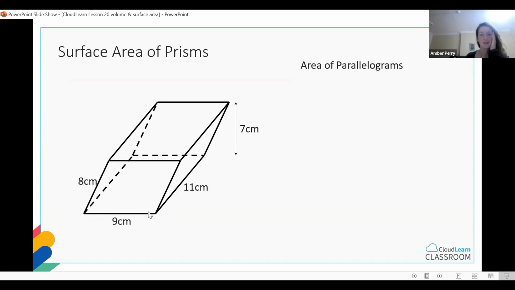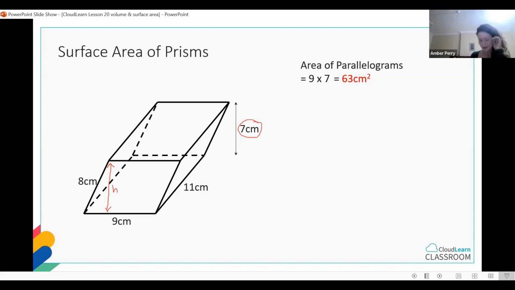The area is the base times the perpendicular height. Let me draw that on there, the perpendicular height, which is this one. And we can see from this diagram that the perpendicular height is given here, it's 7 centimeters. So it's a bit of a trick question there.